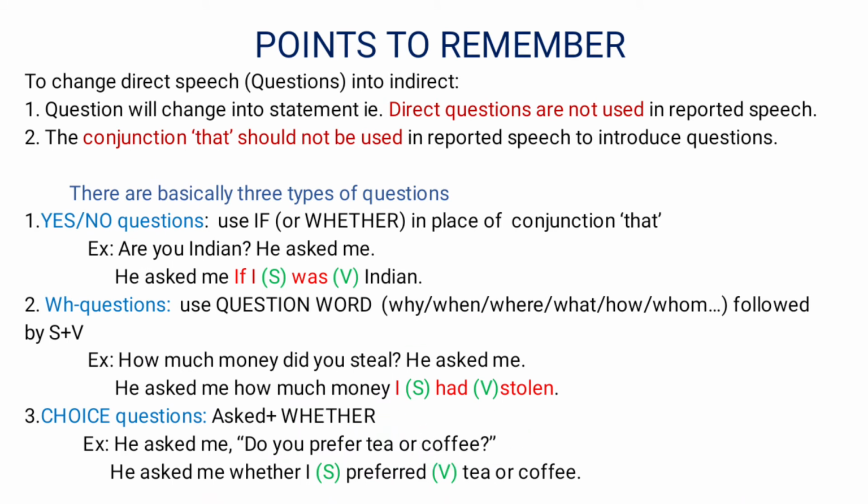That is why these types of questions are called choice questions. And to report such questions, we use the word whether in place of the conjunction that. So, how would we report this question? He asked me whether I preferred tea or coffee. As our question was in present tense, it will change into past tense.